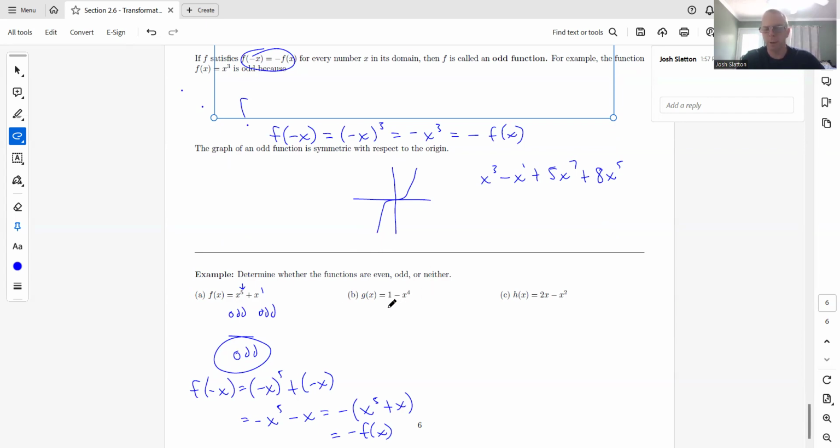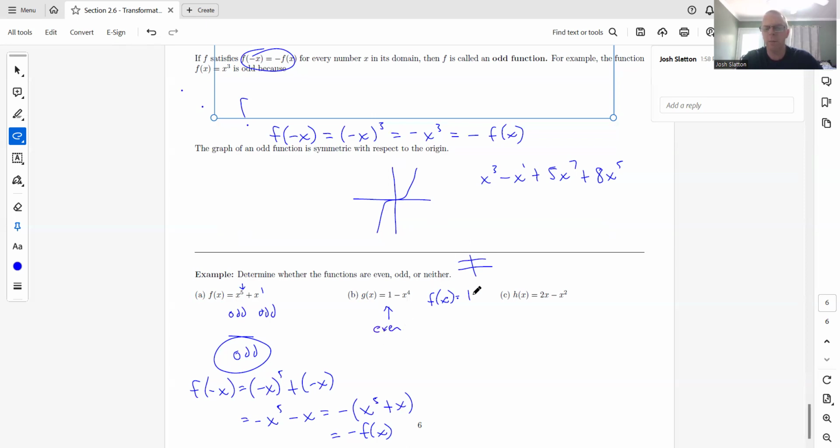What about this one? So 1. 1 is an odd number, but 1 is an even function. So if you have f of x equals 1, what does that graph look like? That graph is a horizontal line through 1, right? And this horizontal line is symmetric around the y-axis, so that is even.